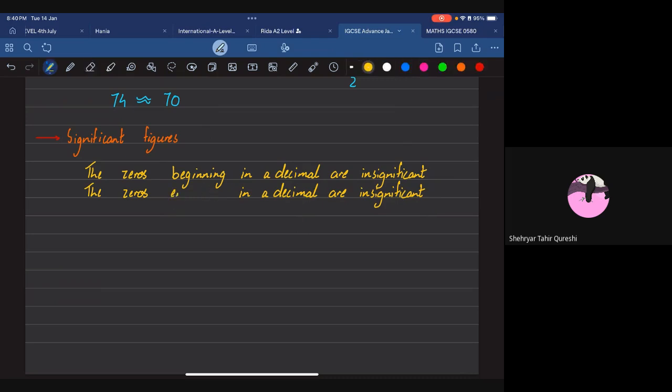So both the zeros, if you're ending with a zero and if you're beginning with a zero, are insignificant. They are not counted or referred to as significant figures. But zeros in between numbers are considered significant.